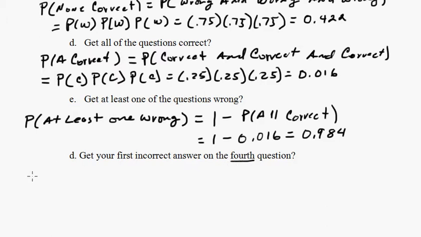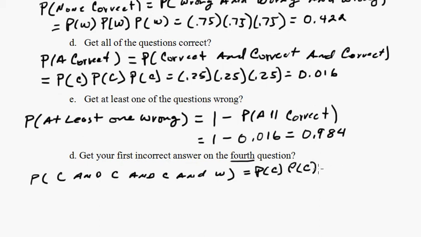So that would be the probability that it's correct and correct and correct and wrong, or not correct. Okay, so that's the probability of correct times the probability of correct times the probability of correct times the probability of wrong.